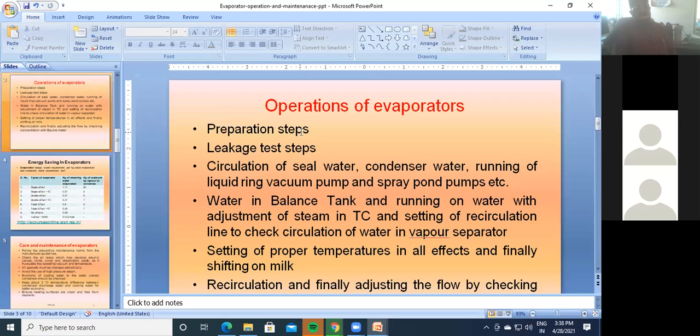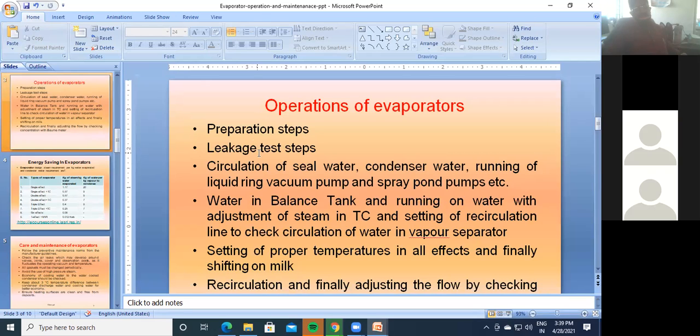You should clean it from outside also, and prepare it for taking milk by closing all the manholes with gaskets and aligning all the joints with gaskets properly. After that the leakage test is done.